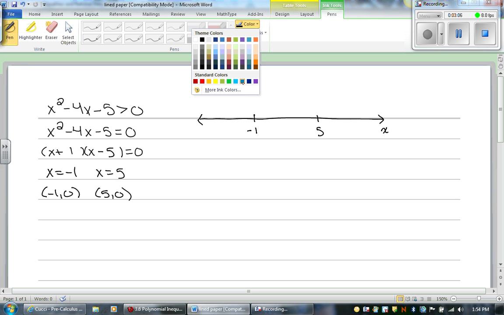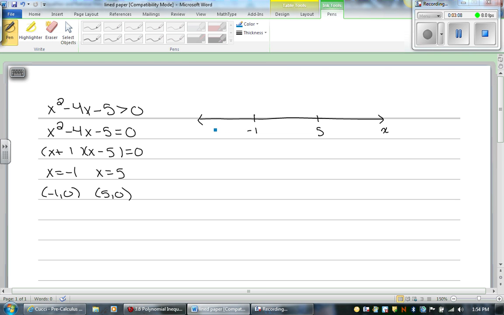And the way we do that is by finding test values. Okay? So for example, if I want a test value somewhere in this interval, we're going to pick a number that's less than negative 1. So let's say we choose negative 2. On the interval from negative infinity to negative 1, let's say I choose negative 2. We're going to plug it back into my original, and we're going to see what we get.